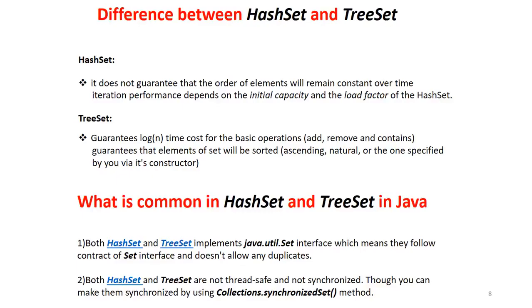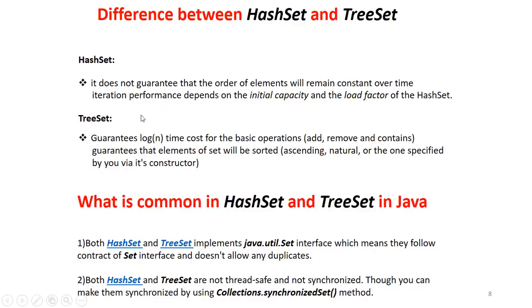And next is the difference between HashSet and TreeSet. See, there is a very common difference and a very major difference. What is the functionality of HashSet? It does not guarantee that the order of elements will remain constant. It means the order of elements will change according to compilation time and runtime.